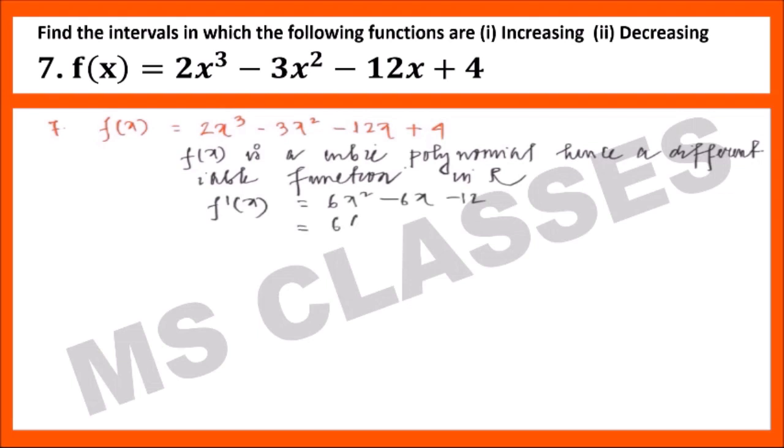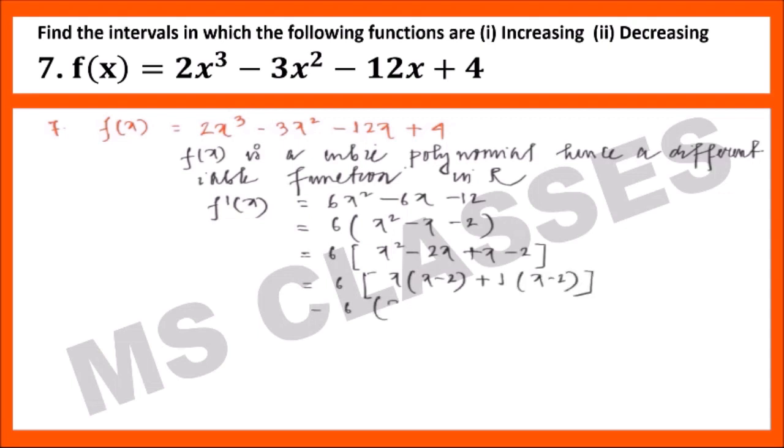6 taken common, x square minus x minus 2. 6 into (x square minus 2x plus x minus 2), which is (x minus 2) plus 1 into (x minus 2).